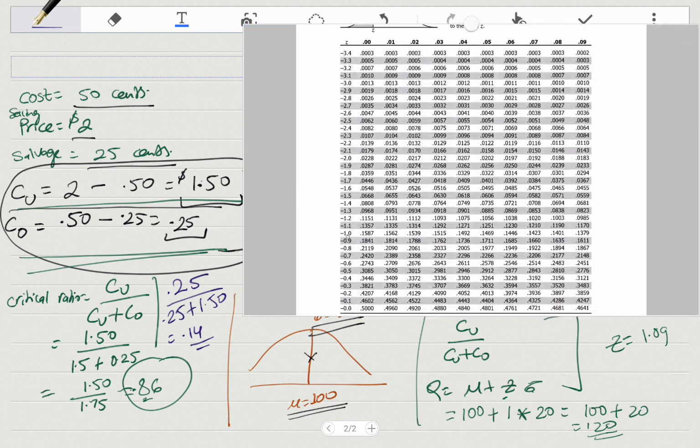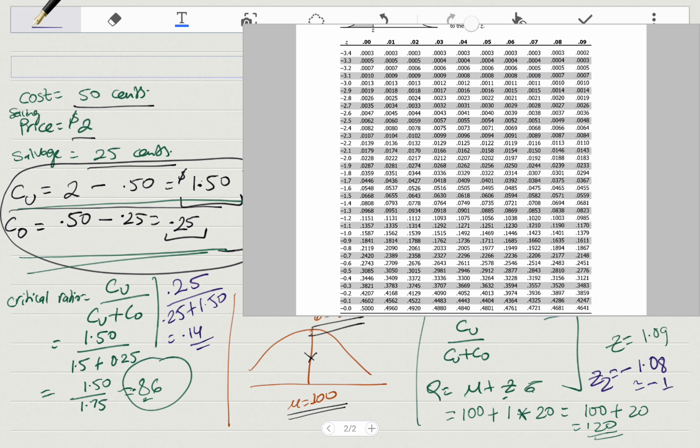So your equivalent Z, let's call it Z2, is about minus 1.08. Let's simplify this to minus 1.